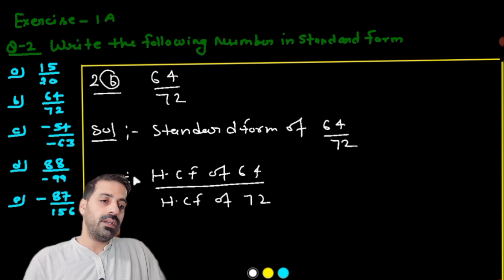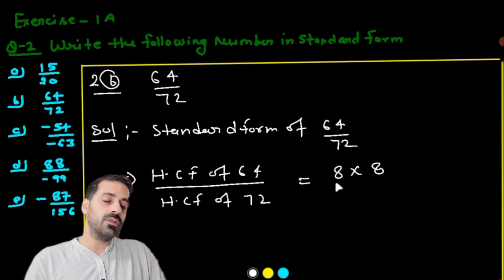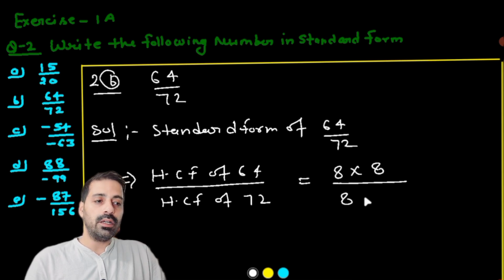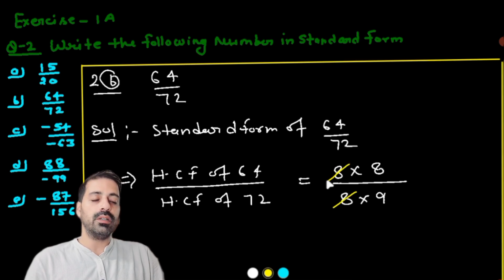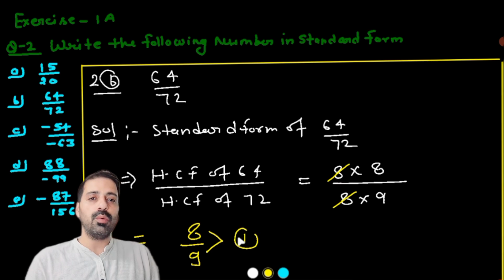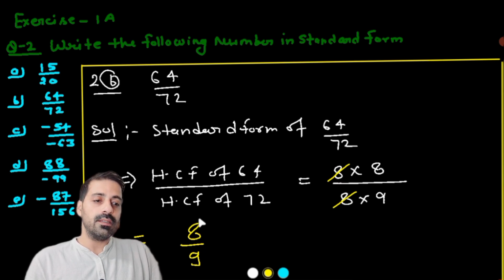In a direct manner I can do it this way. 8 into 8 are the factors of 64 and 8 into 9 are the factors of 72. Now this 8 is common in the denominator and numerator, so we will cancel it out, and after cancelling we have 8 upon 9, and between 8 and 9 there is only one common factor.